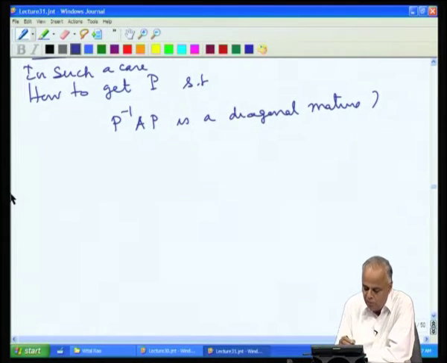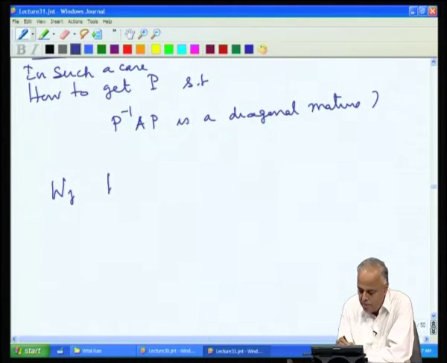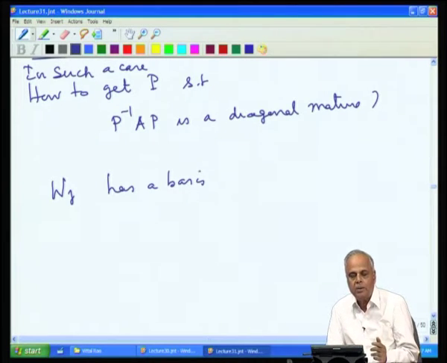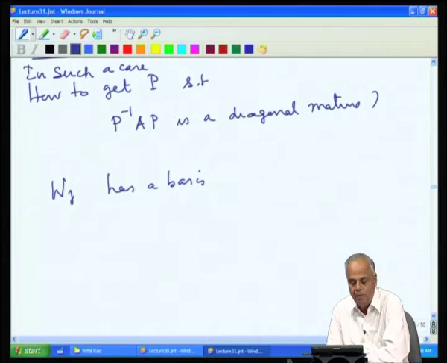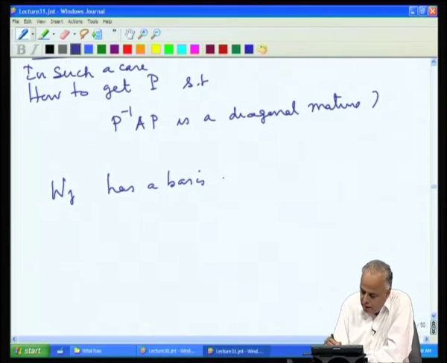What we do is the following: we look at W j, which is a null space, so a subspace, and it has a basis. Now, its dimension is the geometric multiplicity. Because the geometric multiplicity is the algebraic multiplicity, its dimension is a j, and because its dimension is a j, a basis will consist of a j vectors.